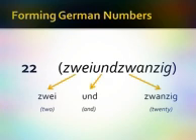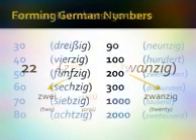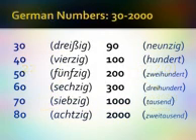With the exception, of course, of the numbers that are divisible by 10. So let's take a look at those for a second. 30, 40, 50, 60, 70, 80, 90, 100.